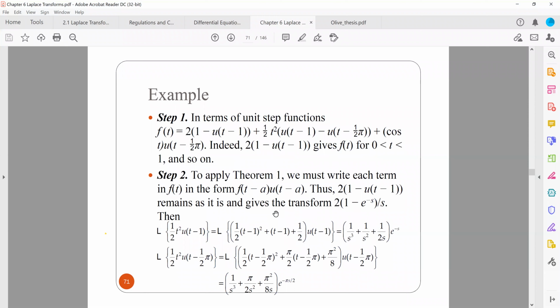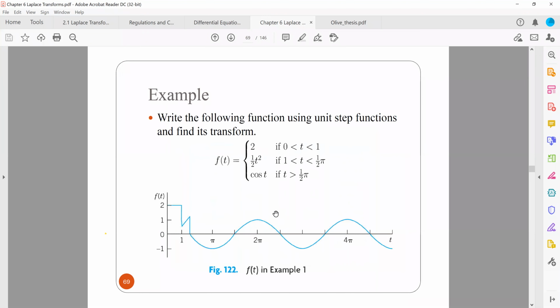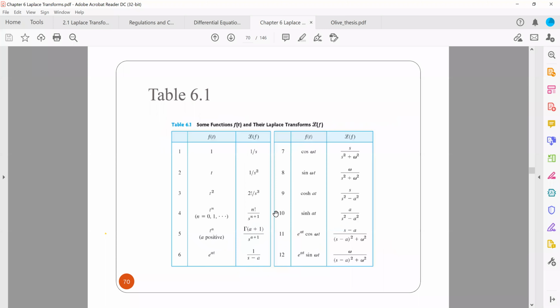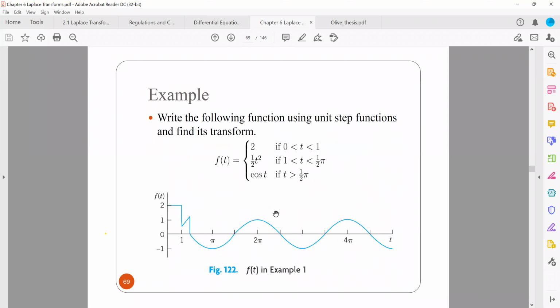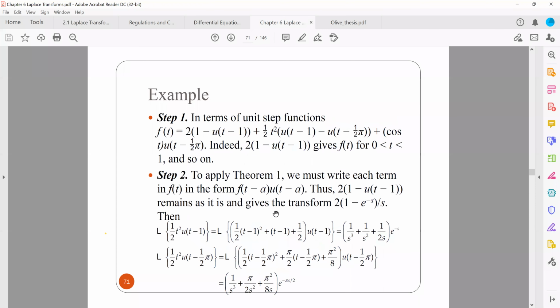For the first part, you have 2 from 0 to 1. So we write that as 2 times (1 minus u(t minus 1)), the step function delayed by 1. Then for this one, it's from 1 to half pi, so you should expect u(t minus 1), where it starts from, minus u(t minus half pi).